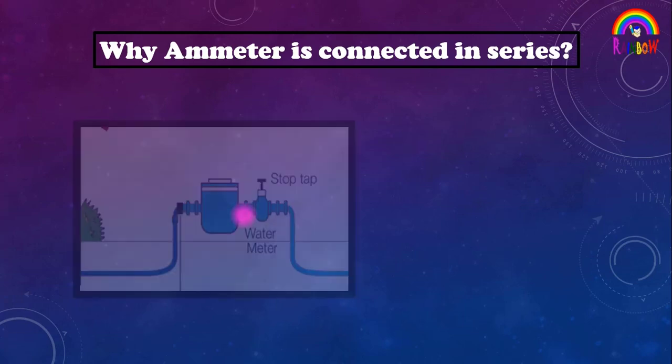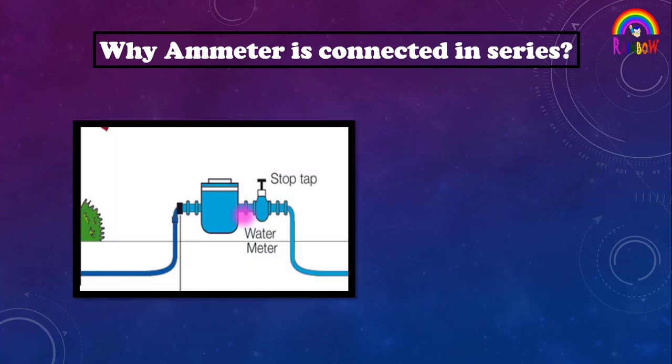Let me explain this with the help of this water meter, which is connected in series with the water system. When this water meter is connected in series, water directly enters into the meter and so it can measure the amount of water that flows in it. Here, the same amount of water that is there in the pipe flows through the meter and gets measured.